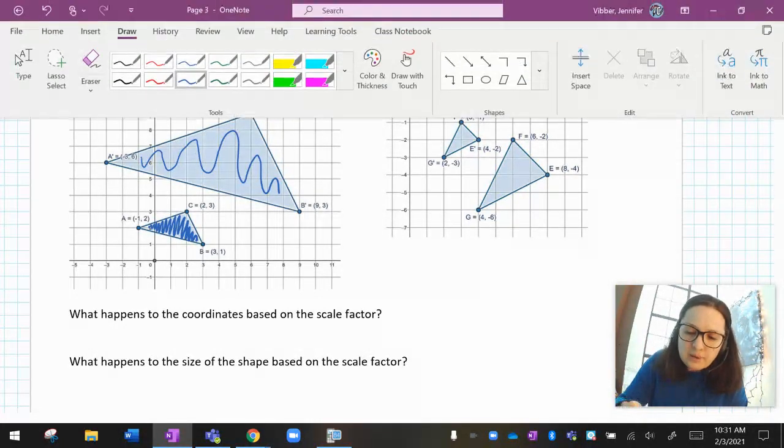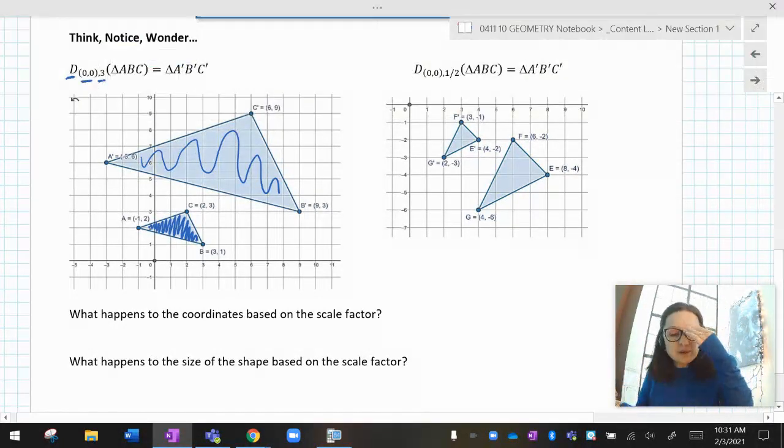So what happened? If I centered myself at the origin and did a scale factor of 3, A, which is (-1, 2), became A prime, (-3, 6). C, (2, 3), became (6, 9). (3, 1) became (9, 3). What happened?